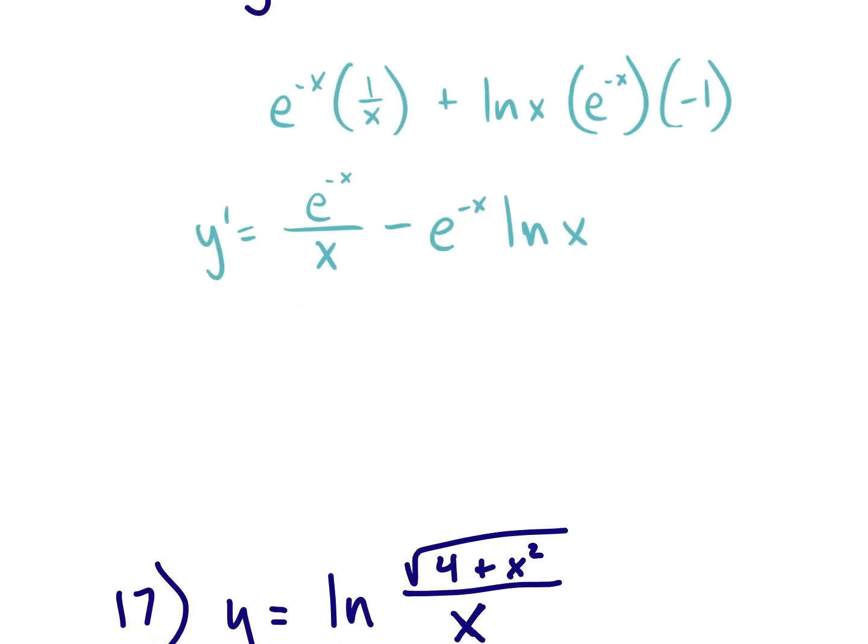So if we wanted to leave our exponents as positive, this would be 1 over x times e to the power of x, minus ln of x over e to the power of x. Either way would be fine.